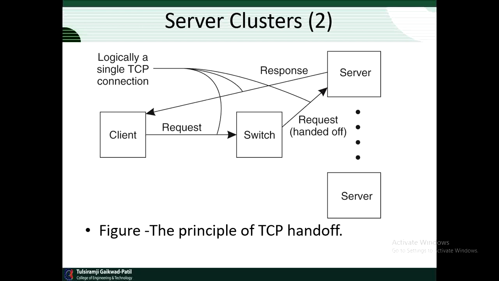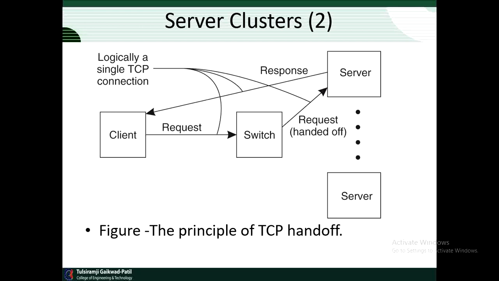So, in any case, it can already be seen that the switches can play an important role in distributing the load among the various servers by deciding to which server the request is forwarded for processing. A simple load balancing policy that the switch can follow is round robin.